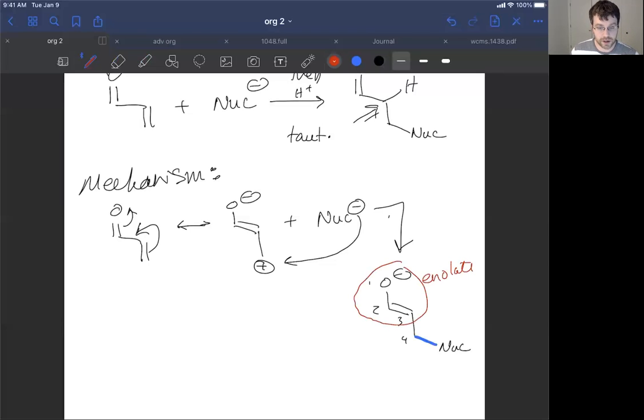So when we add our H plus, a few things can happen, and you can draw them any way you want. But in step 2, we have our H plus. The negative charge could reach out and grab the H plus. I'm fine if you do that.